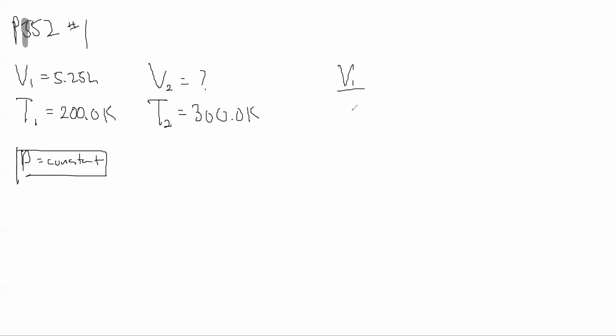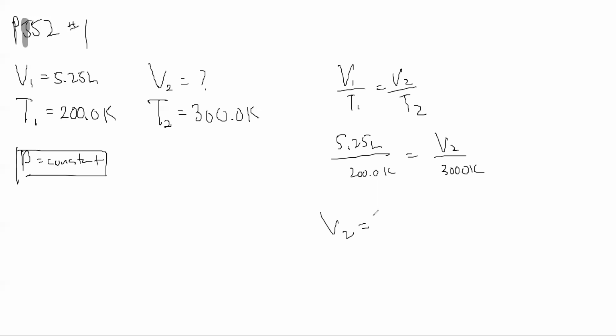So V1/T1 equals V2/T2, 5.25 liters over 200.0 Kelvin equals V2 over 300.0 Kelvin. Do some cross multiplying and you will get 7.875 liters.